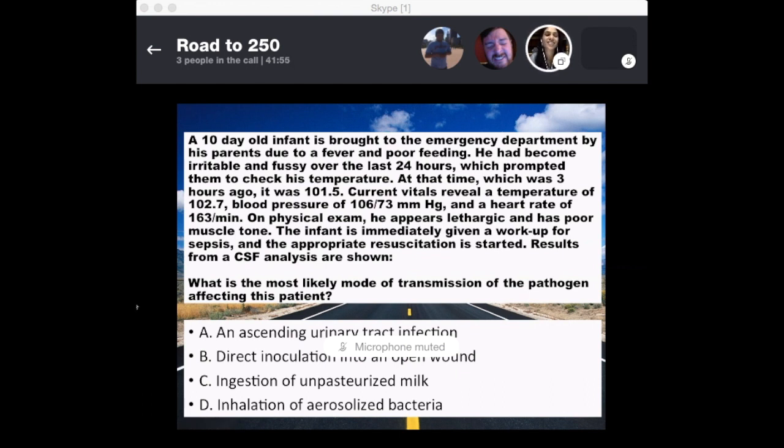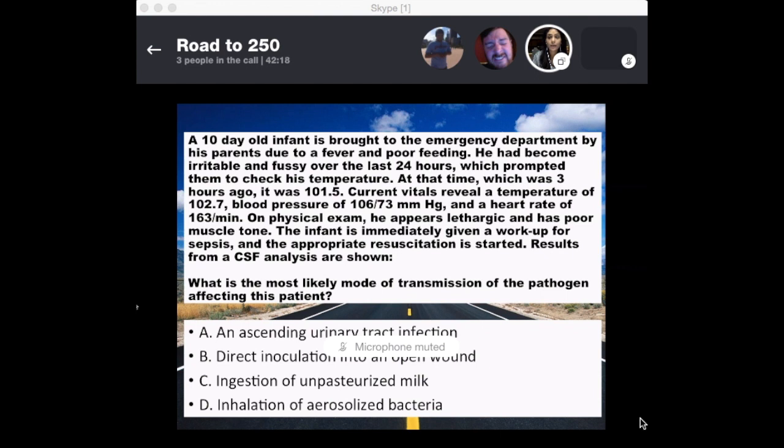Okay, so next question. A 10-day-old infant is brought to the emergency department by his parents due to a fever and poor feeding. He has become irritable and fussy over the last 24 hours, which prompted them to check his temperature. At that time, which was 3 hours ago, it was 101.5 degrees Fahrenheit.